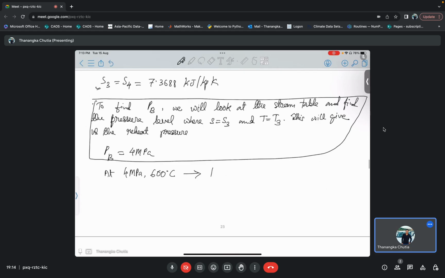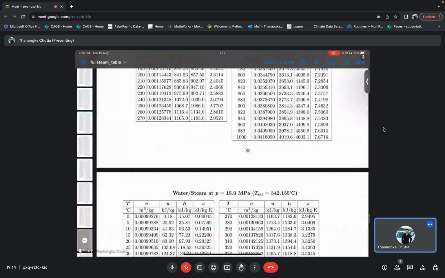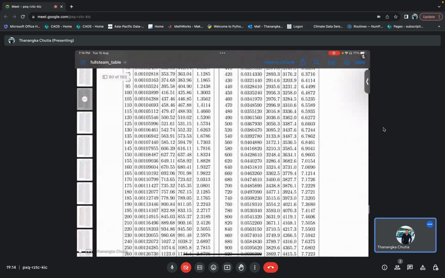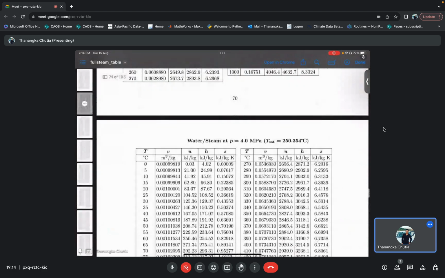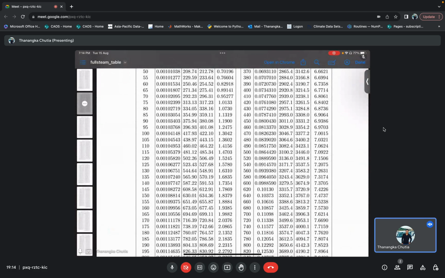I need to look for the H, and this will be equal to my H3 value. So you look at 4 megapascal, and yes, at 4 megapascal and 600 degrees Celsius your H is 3674.9.